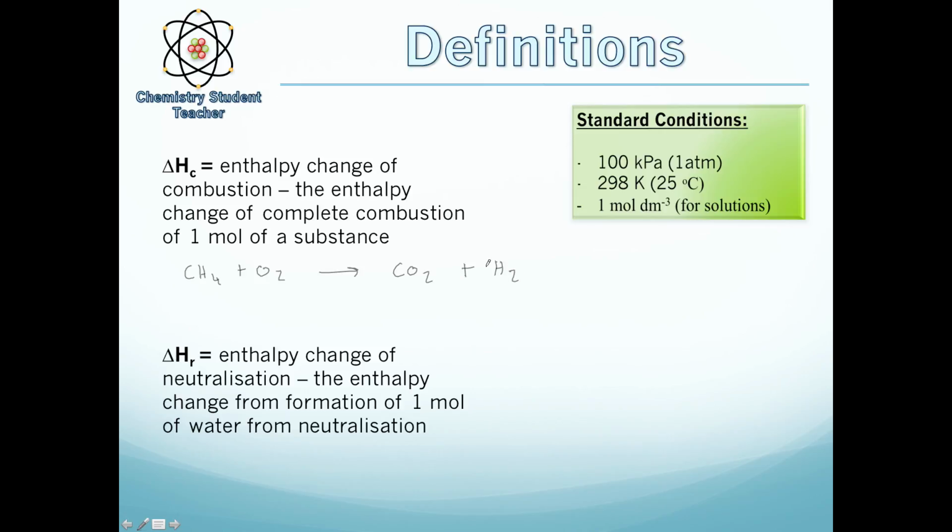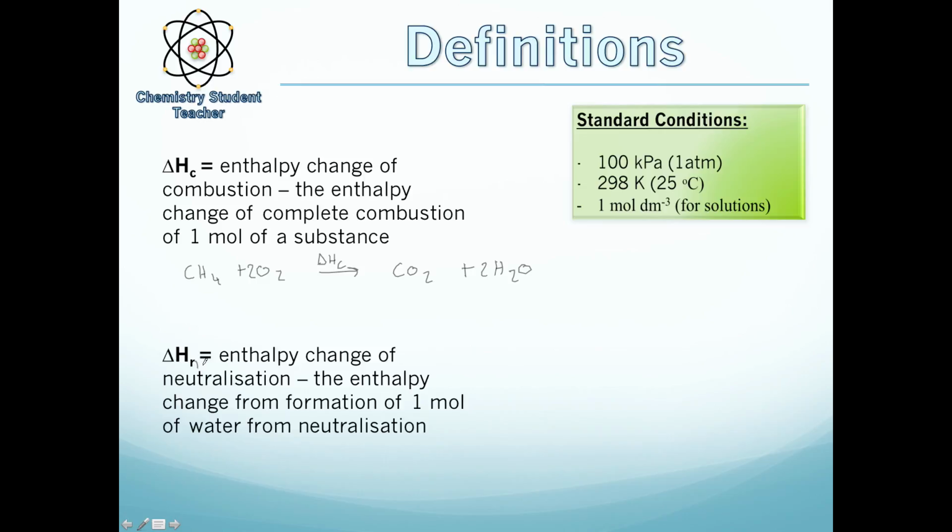And we just quickly balance that up. That requires 4 oxygens, carbon dioxide and 2 H2O. There we go. So that would be an enthalpy change of combustion, and just remember that it's 1 mole of the substance and still under standard conditions.